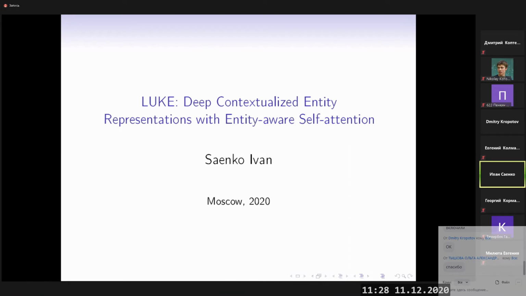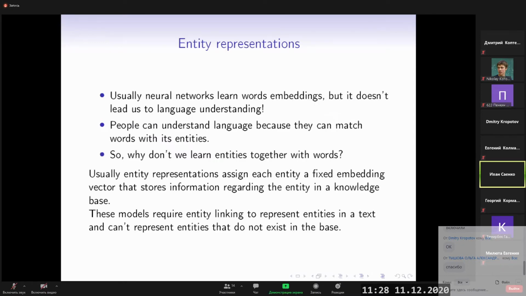I'd like to tell you about a neural network called LUKE, about entity representations with entity-aware self-attention. So what's going on? Usually we try to understand language. When people understand language, it means that they can match words with their entities.